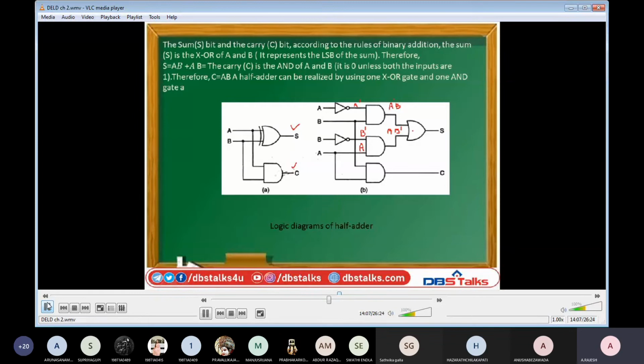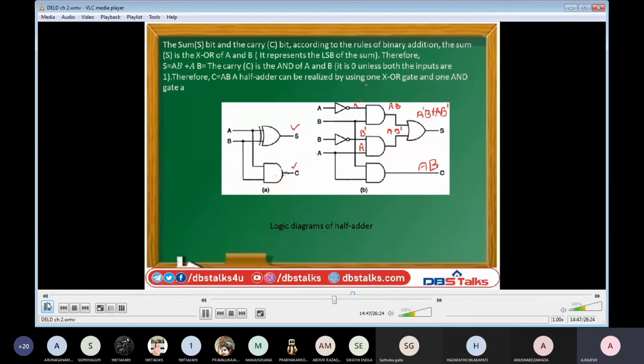Here we are adding these two, that is S is equal to A complement B plus A B complement. Coming to the carry, A and B, that is AB, which is the output of an AND gate.